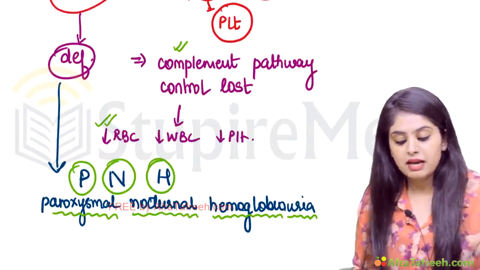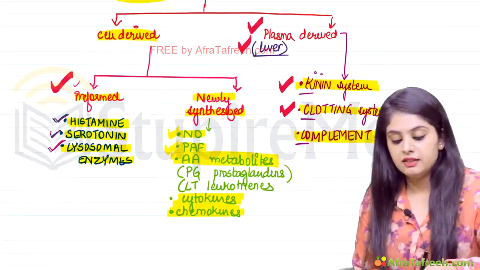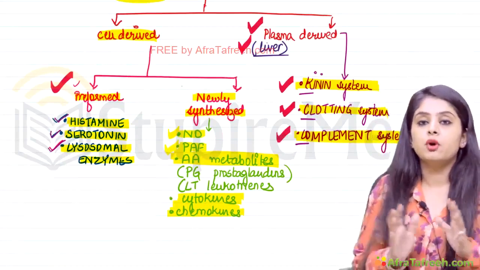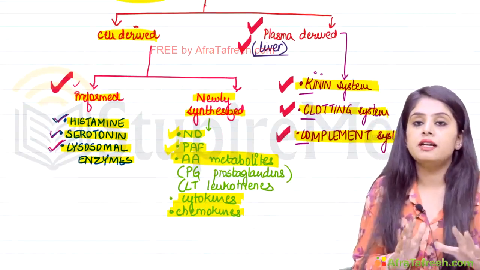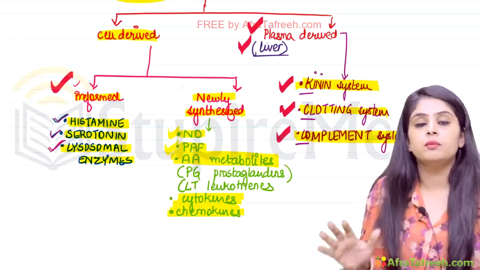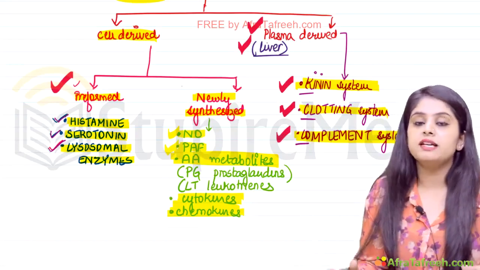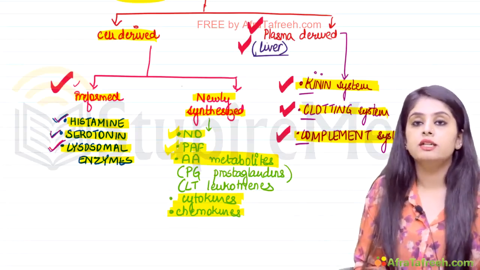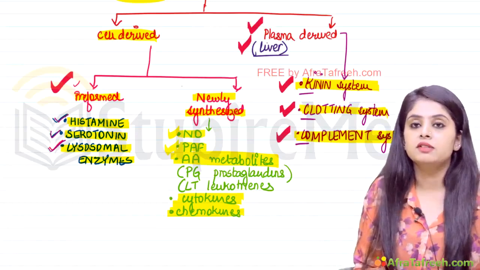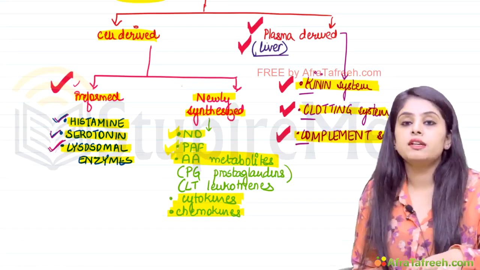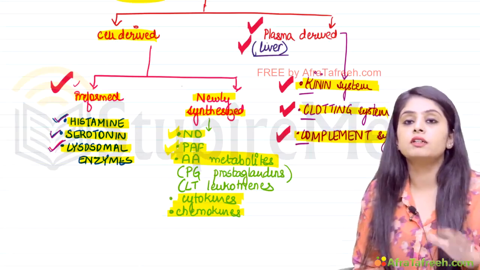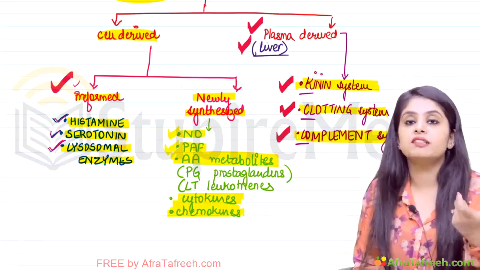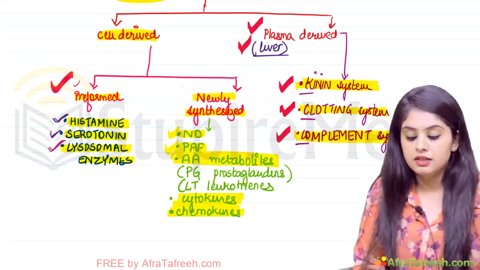So students, getting back to our main list that we were dealing with, we have also finished the complement pathway. So broadly, the mediators were either derived from the cell or from the plasma. From the cell, they could either be preformed like histamine, serotonin and lysosomal enzymes. From the newly synthesized, the most important ones were arachidonic acid metabolites, which fetches maximum questions, followed by cytokines and chemokines.